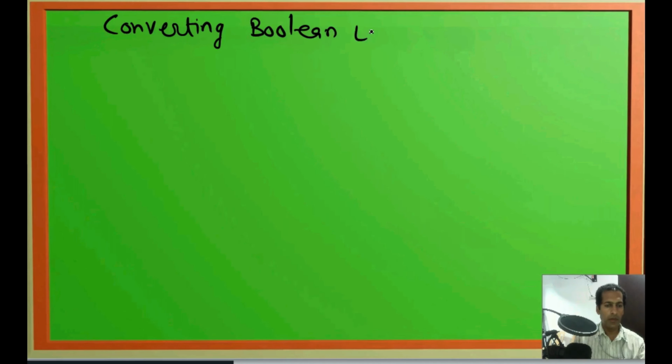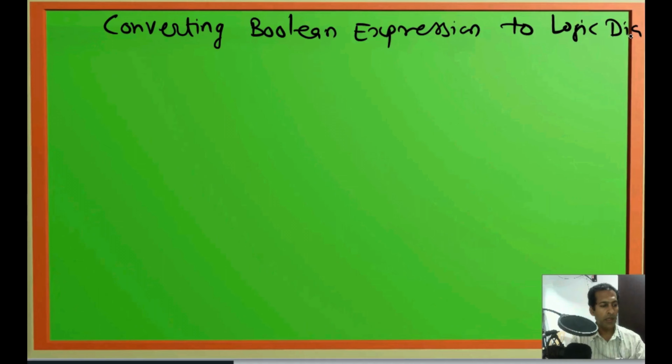We can realize Boolean expressions as hardware components using gates, and hardware can be translated into Boolean expressions for the analysis of existing circuits.